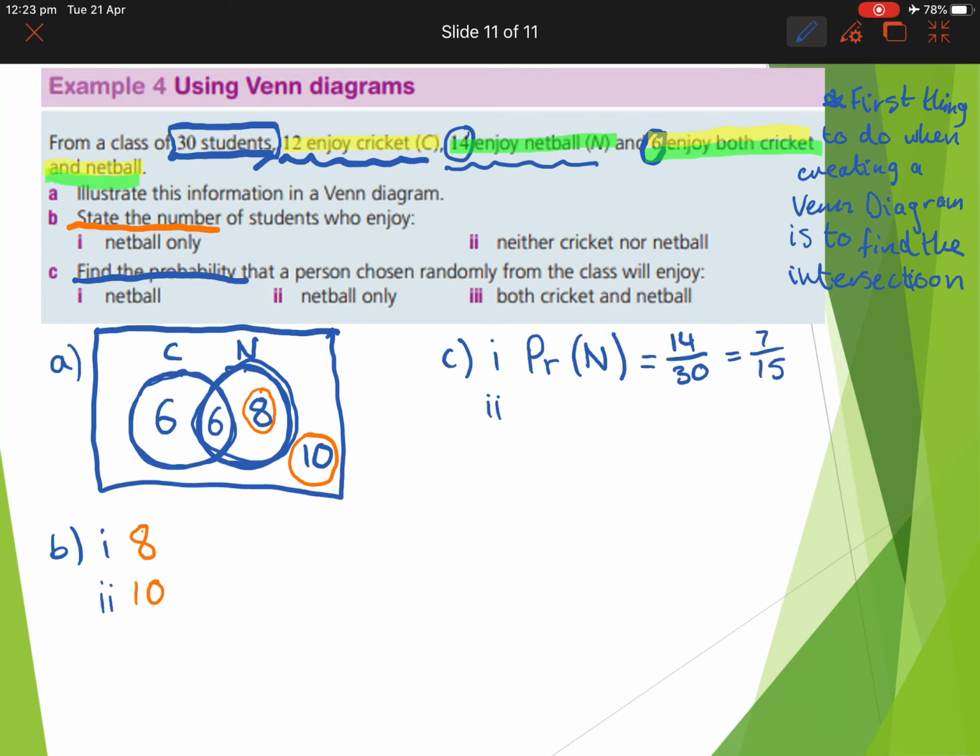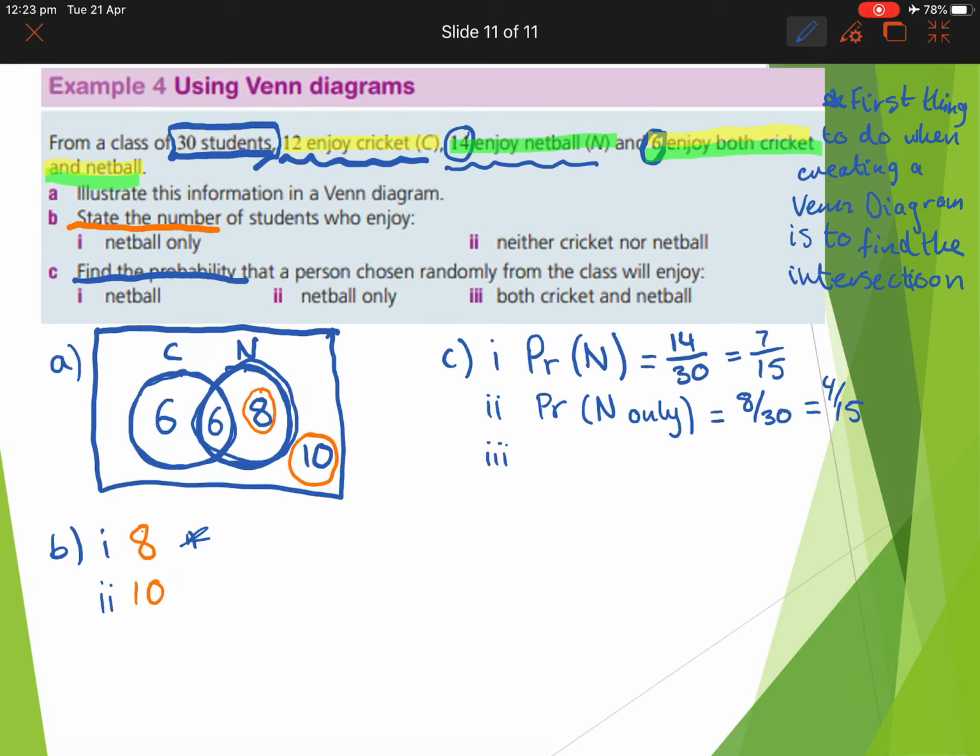All right, the next one, we need to find the probability of netball only. That one is going to be that 8 again, which we found from the previous question. So 8 out of 30 students like netball only, which will simplify to 4 over 15.